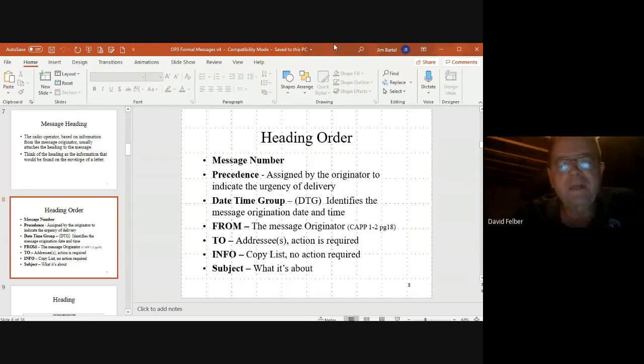It could, but it could be something other than an office symbol. We'll get into that in a little bit. The to line is who it's addressed to, who has to do the action. There may be an addressee in the info line. The info line is a copy list, just for their information. No action is required. And the subject is what the message is about.